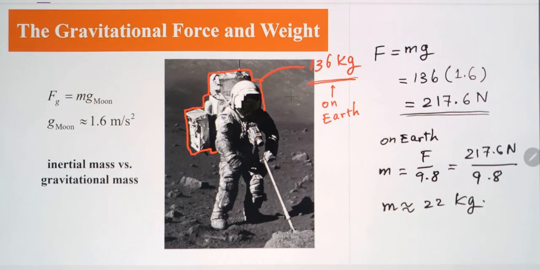So they said, okay, it is okay for the astronaut to carry 22 kilogram because that's what he will feel on the moon. Now, what is the silly mistake that they made?